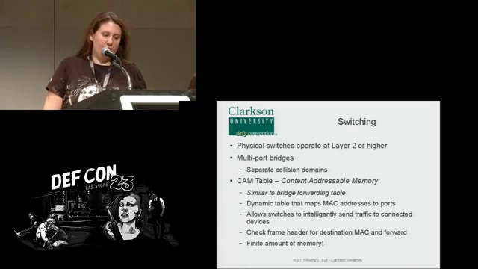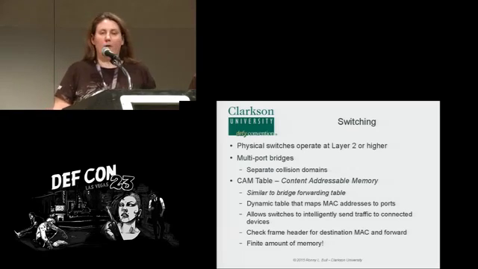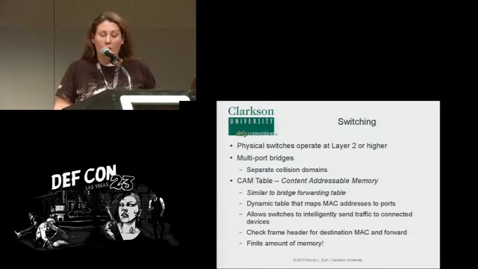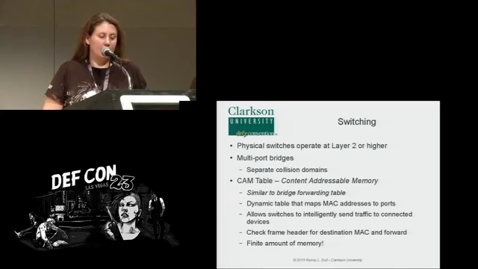Then we also have switches. So physical switches operate also at layer 2 or higher. You can think about them as multi-port bridges. They also separate collision domains. And they also have a dynamic table, a CAM table, a content addressable memory table. It's very similar to that bridge forwarding table.